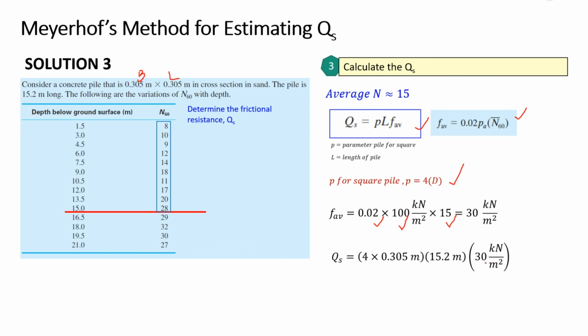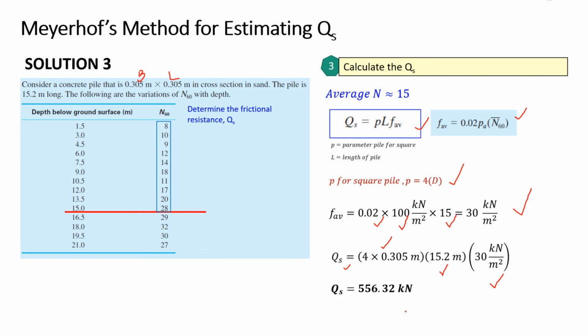So you will get the friction as 13 kilonewton per meter square. Finally, to get the QS, we have the parameter times the length of the pile times the average friction. So finally, we get QS as 556.32 kilonewton.